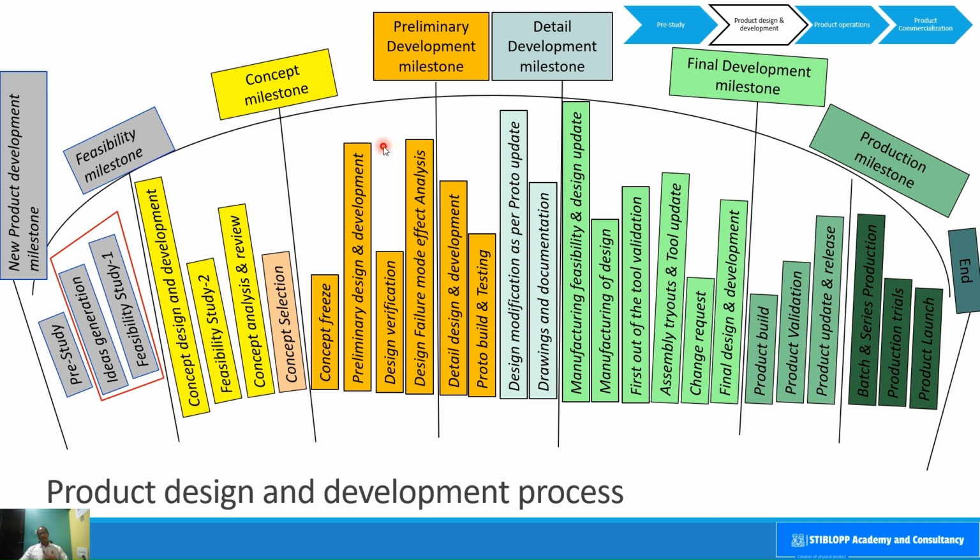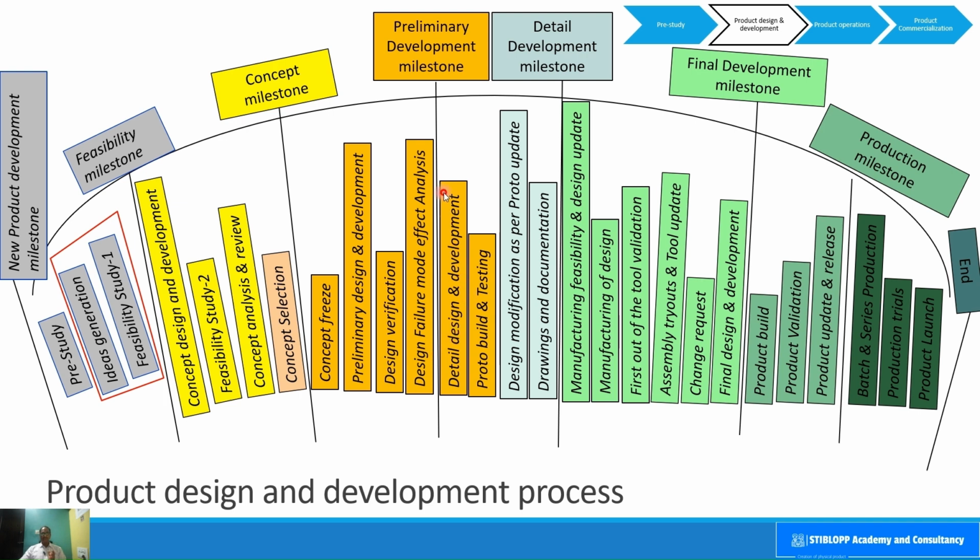Once the preliminary design and development is finished, it is subjected to the virtual analysis. The virtual analysis includes the design verification and the DFMEA. Once we get the result of this virtual analysis, we carry out the design modifications based on that, and that is called the detailed design and development.